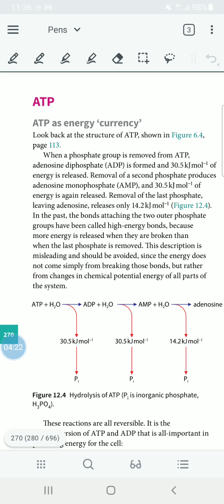But in a basic sense you can understand that when ATP reacts with water, there has to be water involved here. So that is hydrolysis. You have to remember that hydrolysis of ATP produces ADP, then ADP undergoes hydrolysis to produce AMP, and AMP once again goes through hydrolysis to produce adenosine. So 30.5 for ATP to ADP, 30.5 for ADP to AMP, but AMP to adenosine it is 14.2.